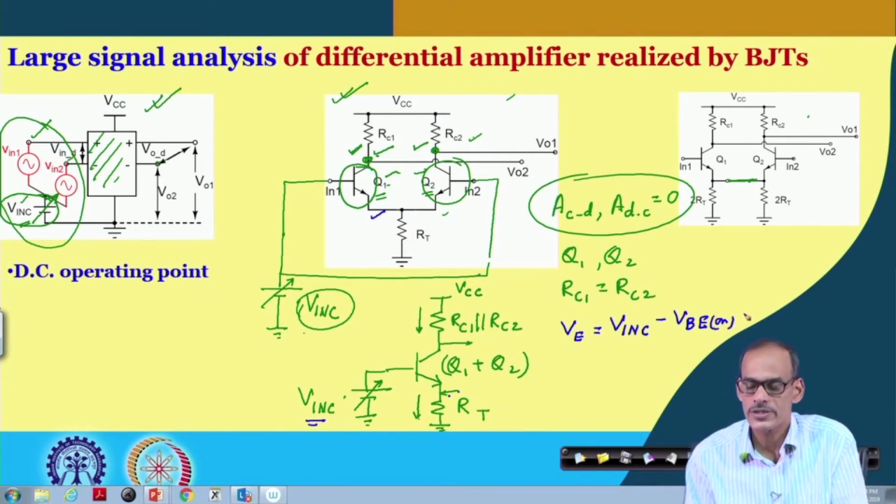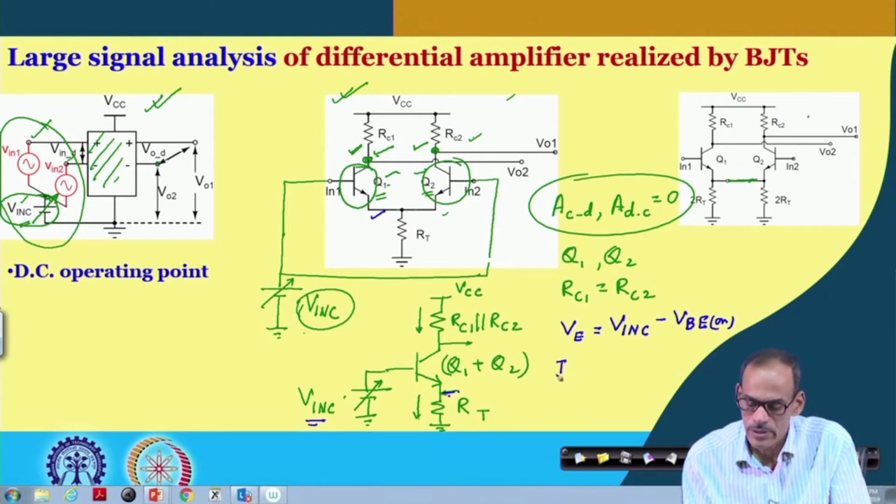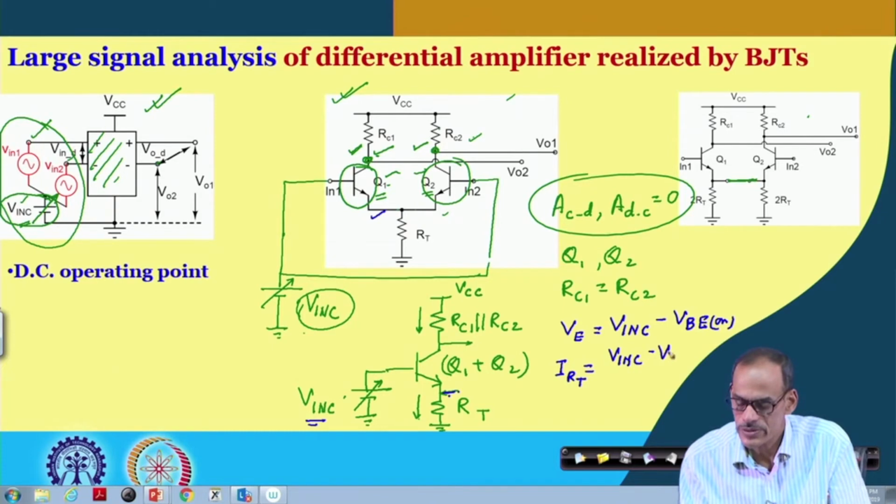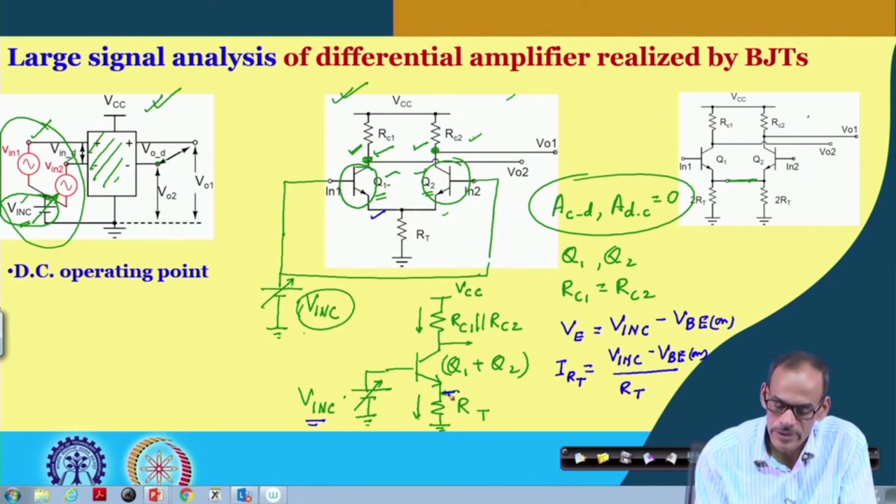It may be around 0.6 or 0.3 depending on the transistor's material. So, that gives us the voltage here, and hence the current flowing through this R_T equals (V_inC minus V_BE(on)) divided by R_T.